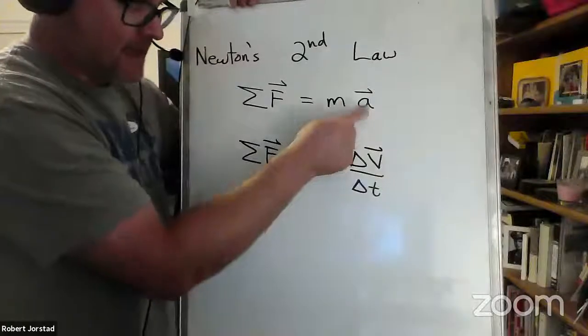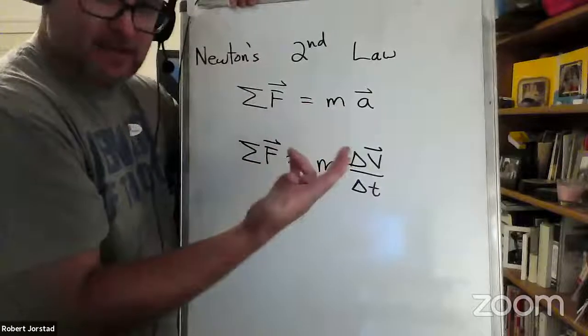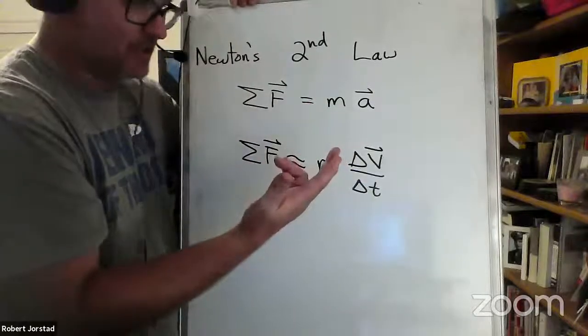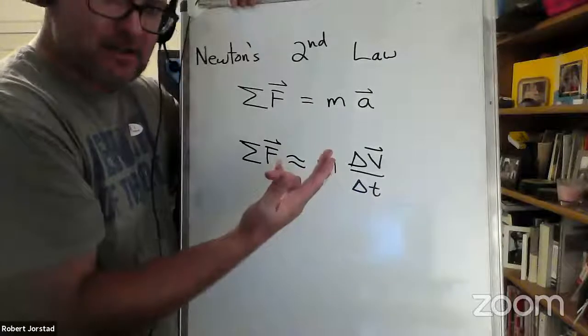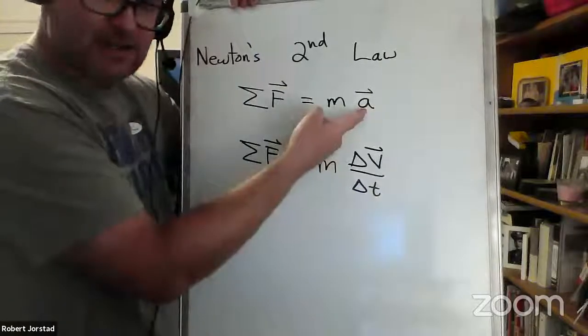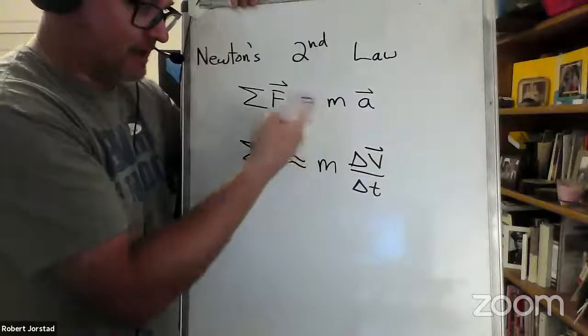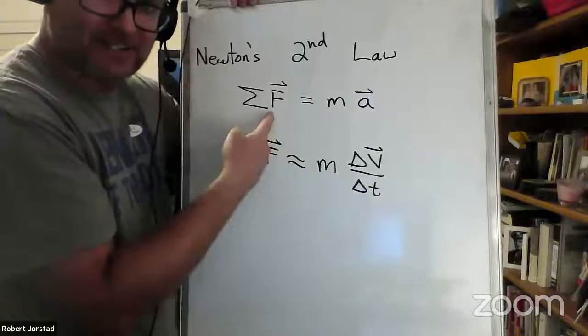So if I know the acceleration I want and I know the mass, that helps me calculate how much force I need. So in the case of, say, a spaceship you want to get to the moon, you know what acceleration you need. You know how heavy this rocket's going to be. You're like, uh-oh, I need a lot of force.